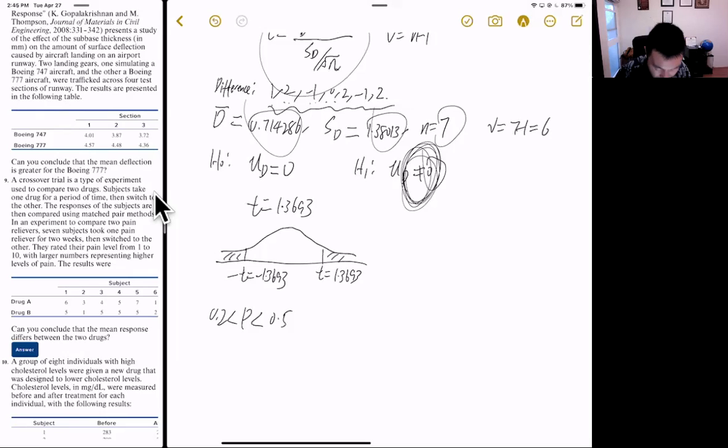Anyway, it is larger than alpha of 0.05, so we cannot conclude H1 is true.